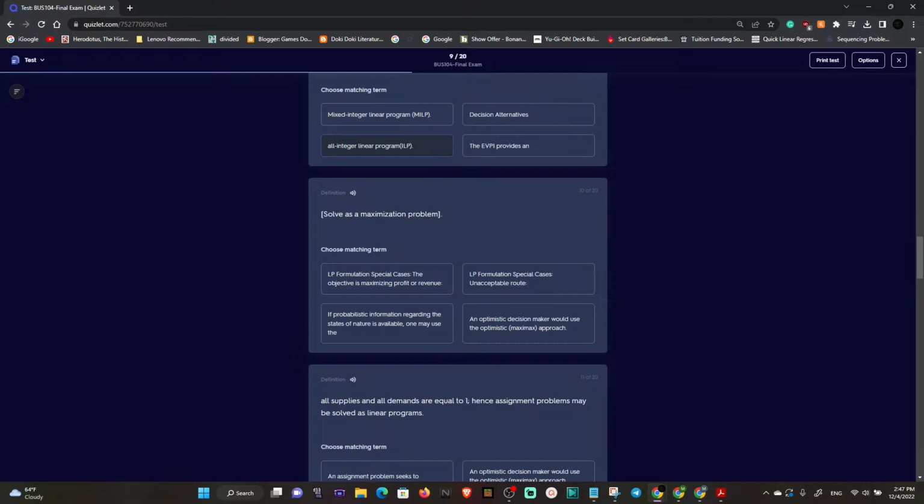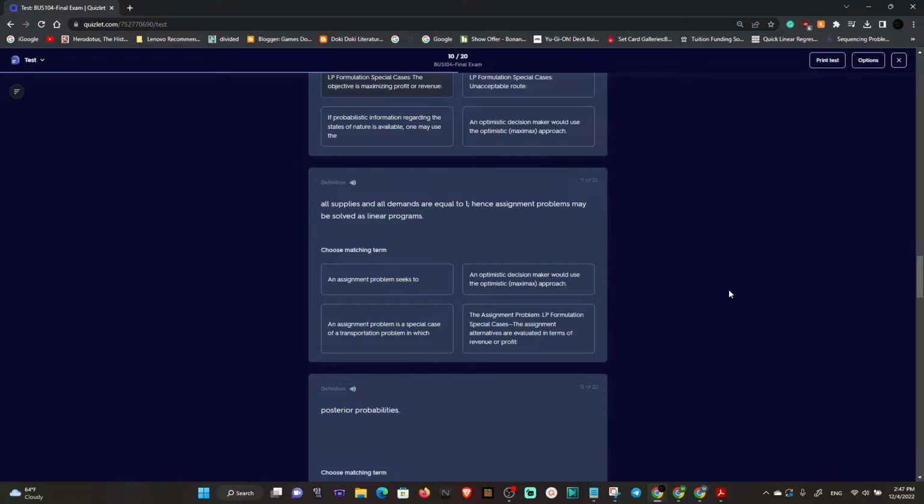I think it's A. Okay. All supplies and demands are equal to 1, hence assignment problems may be solved as linear programs. Assignment alternatives are equal in terms of, I don't know. I would say it's C.